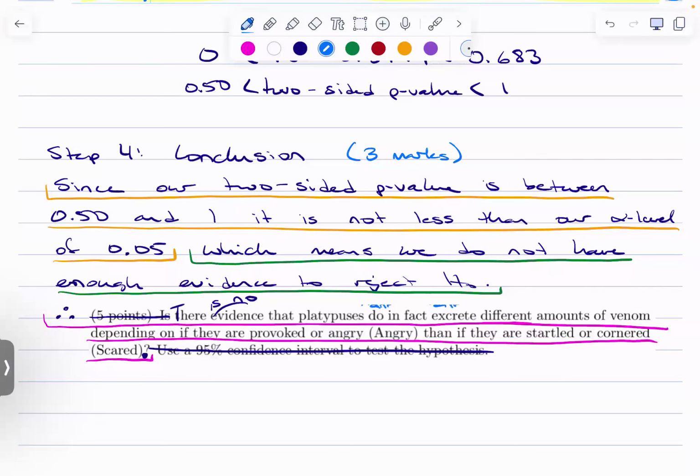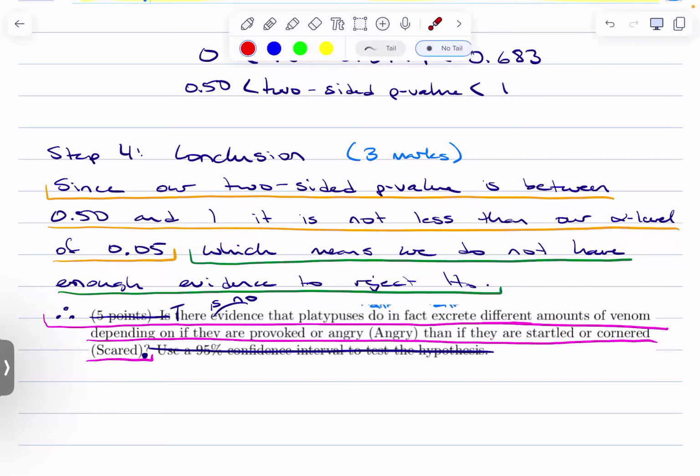And I will say, so I mark for follow through, obviously. And so if you have the wrong p-value, as long as your conclusion follows what you found, right? And then whatever you say here, if you told me that it is less than 0.05, that's not true, so I can't give you that mark, right?